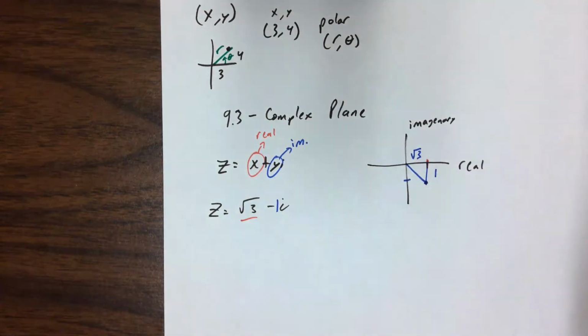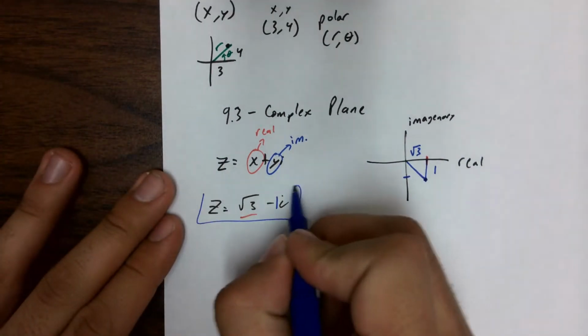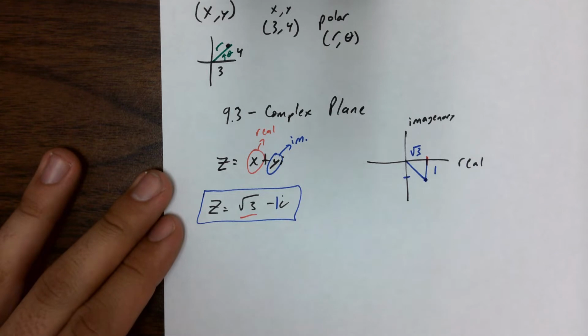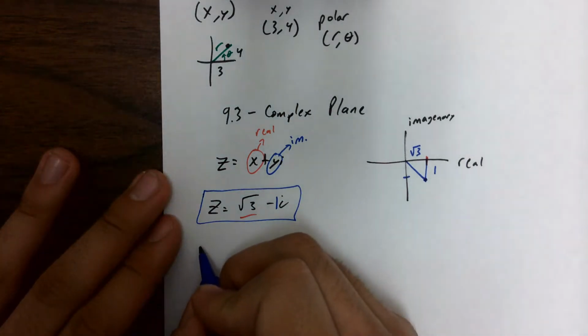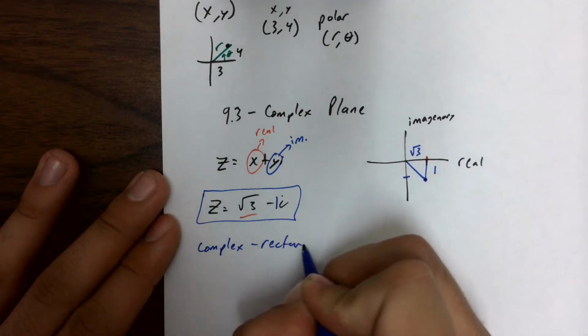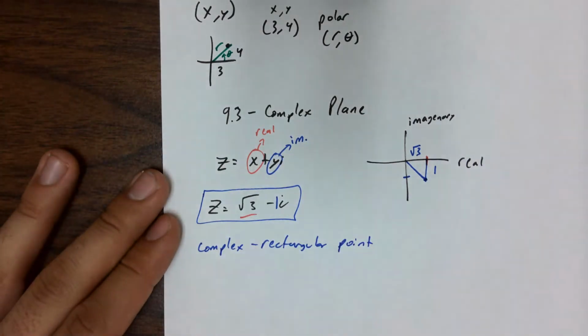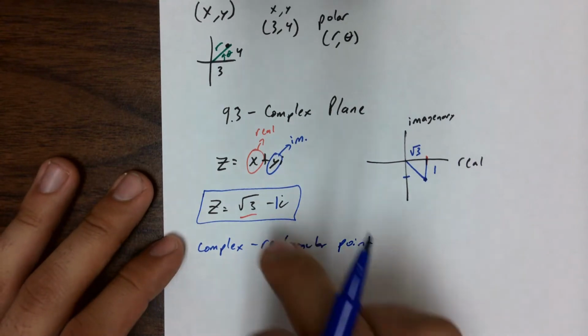So this number right here, z equals root 3 minus i, is a complex rectangular point, we'll call it. It's rectangular because it has an x and a y component.